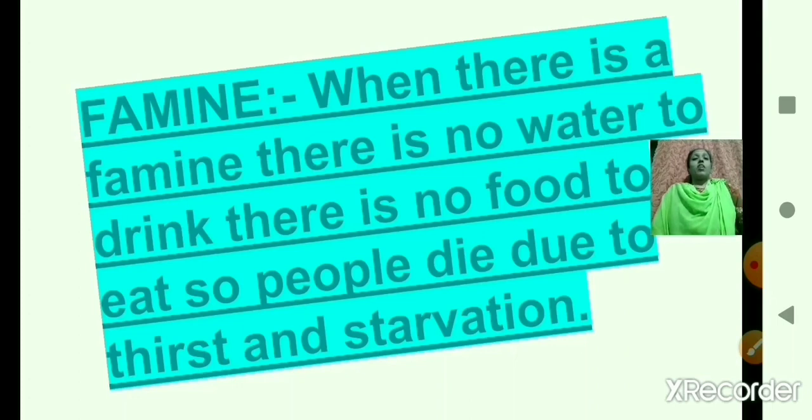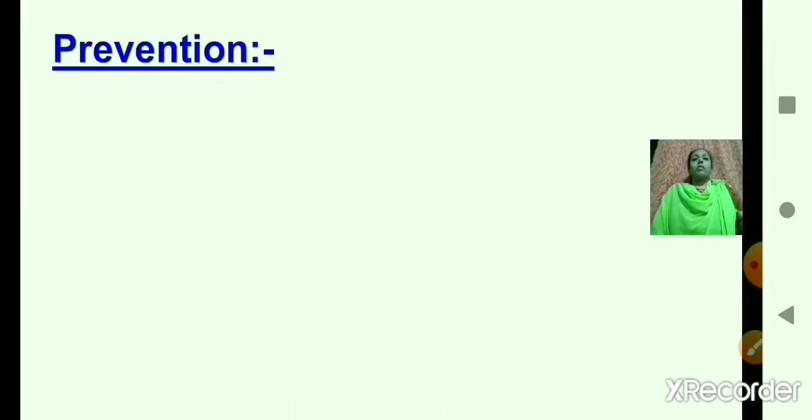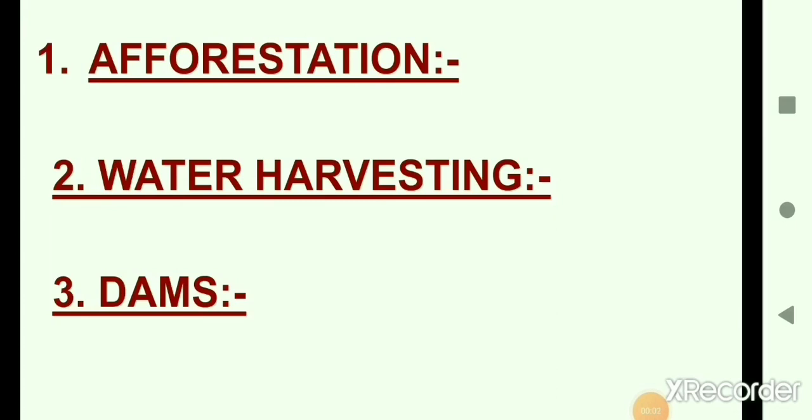Okay, now let us see what preventions can we take to avoid droughts. Number one is afforestation. Children, I already explained you the term afforestation means planting of trees, which increases rainfall and ultimately reduces the incidence of droughts.